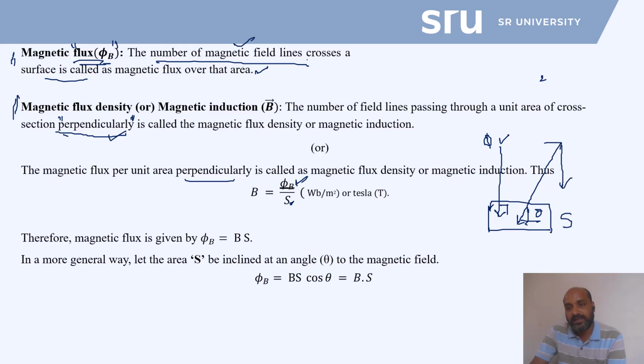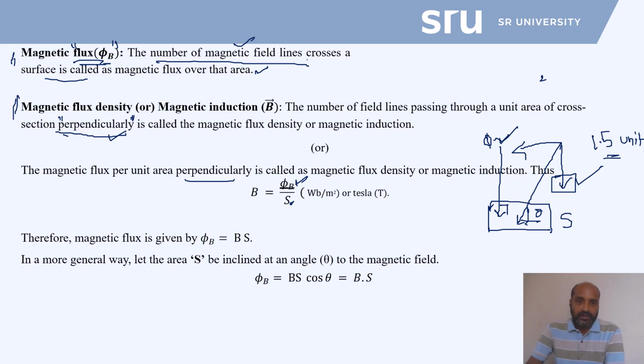Only this component is exactly perpendicular to the surface, so approximately the flux is 1.5 units. A part of this line is passing through the surface perpendicularly.